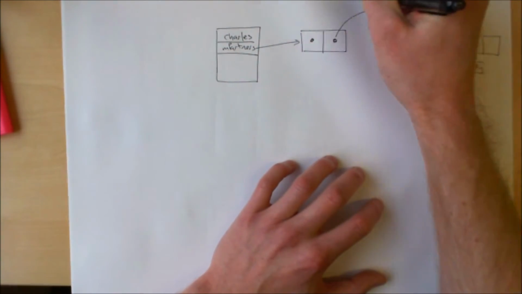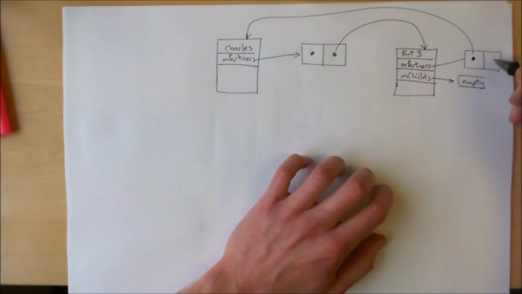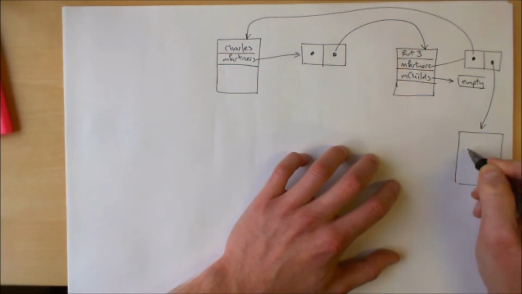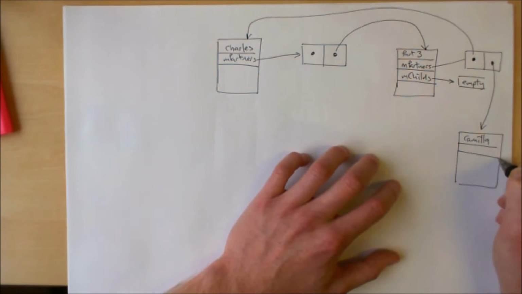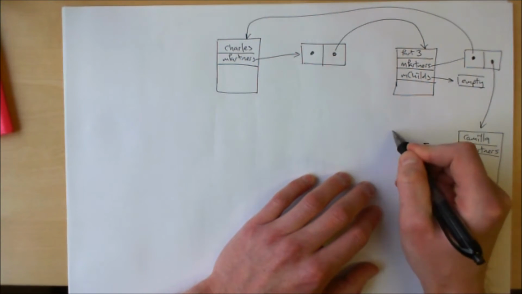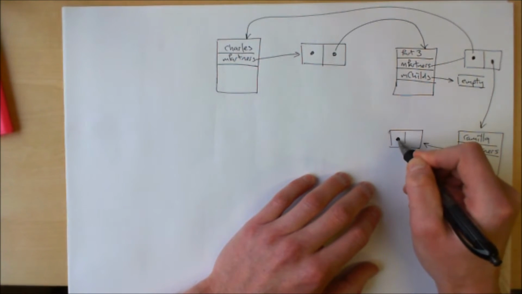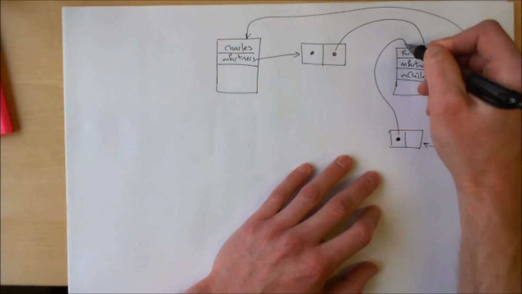One of them links back to Charles as the first partner in that array, and the other one links to Camilla, who also has an array with one partnership in it, which points to this partnership.